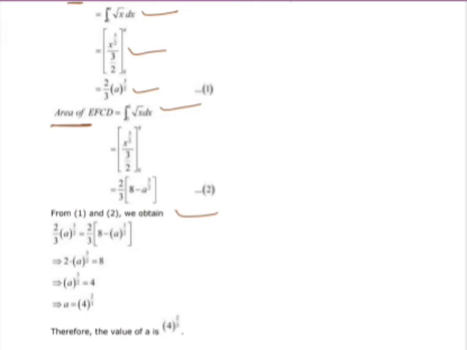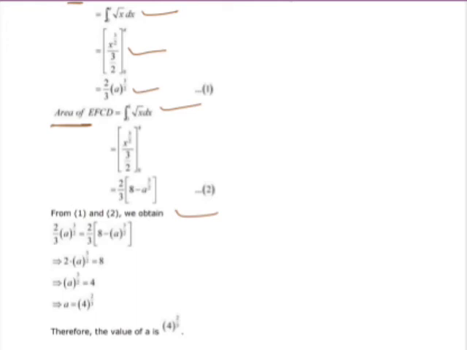So 2 by 3 is common, 8 minus 2 by 3 a to the power of 3 by 2. It is equation 1, which is equal to 2 by 3 into 8 minus a to the power of 3 by 2.